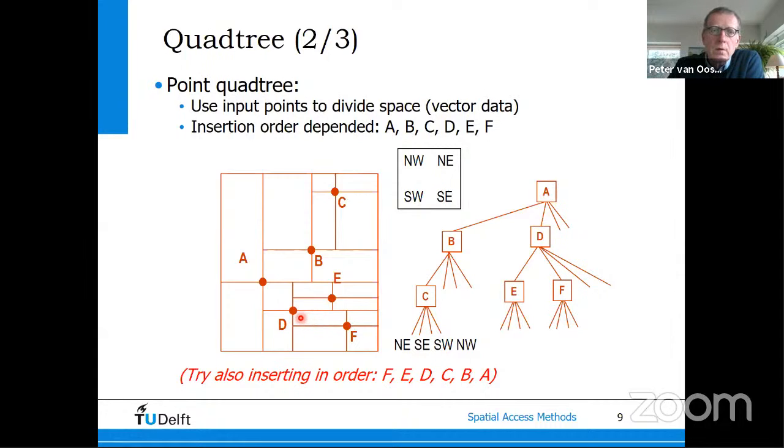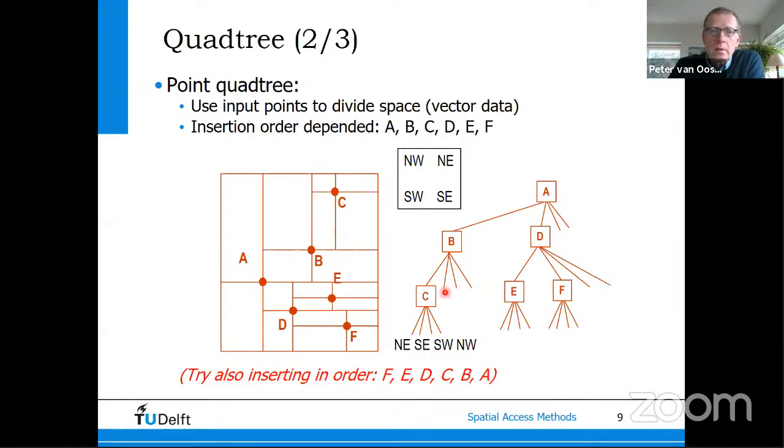Okay, object D, point D, go to the top of the tree. It is to the southeast, so that is the second branch below A. There is nothing else in the second branch, so D is put over here, directly below A, even if it was after C, that doesn't matter.